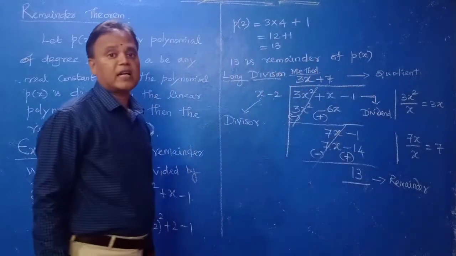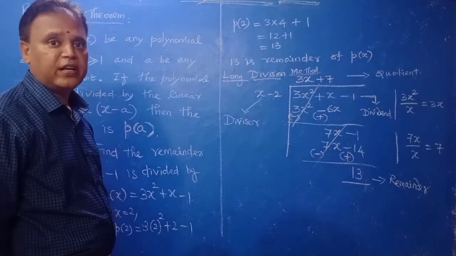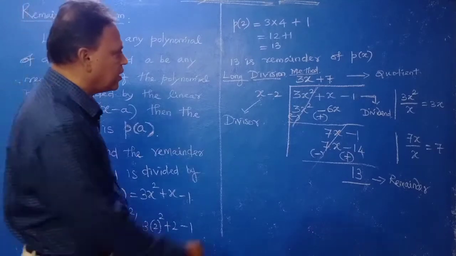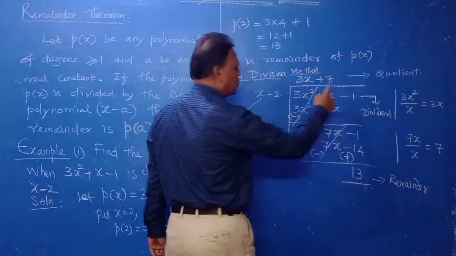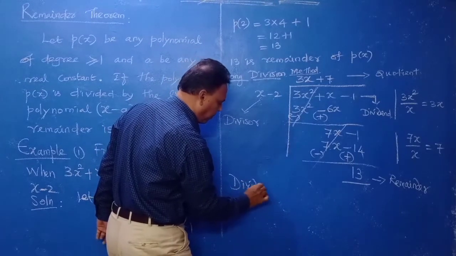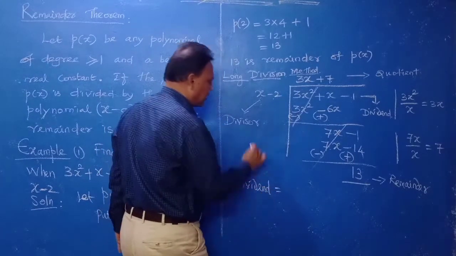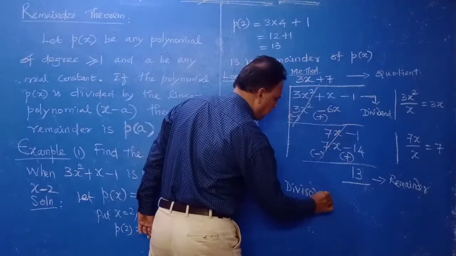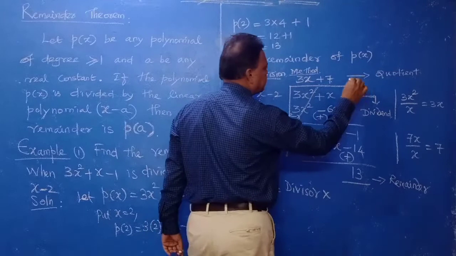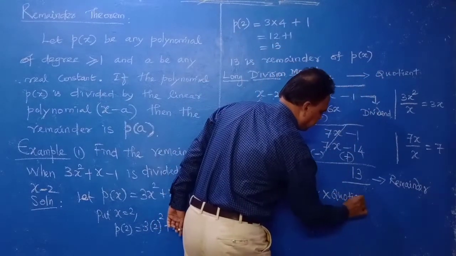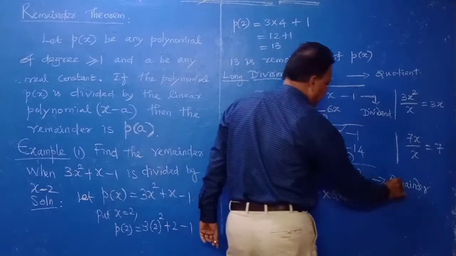In lower classes you might have studied the division algorithm. What is the division algorithm? Dividend equals divisor into quotient plus remainder.